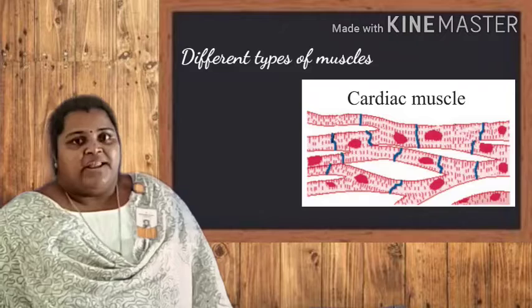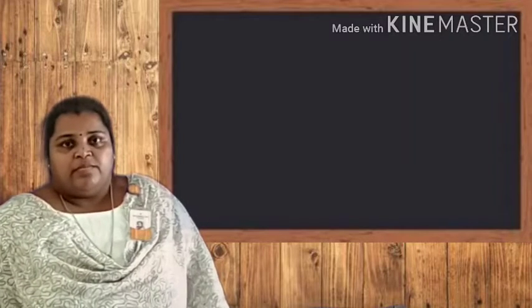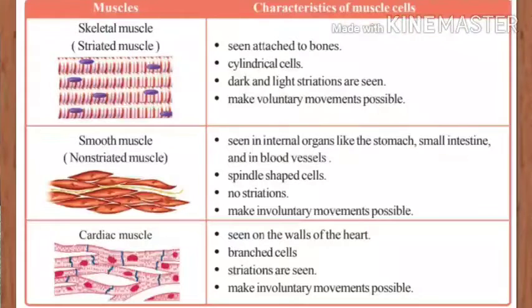Let us recollect the points we have discussed earlier. Skeletal muscle, also known as striated muscle, is seen attached to bones, cylindrical in shape, with dark and light striations, and makes voluntary movements possible. The second type is smooth muscle, also called non-striated muscle.